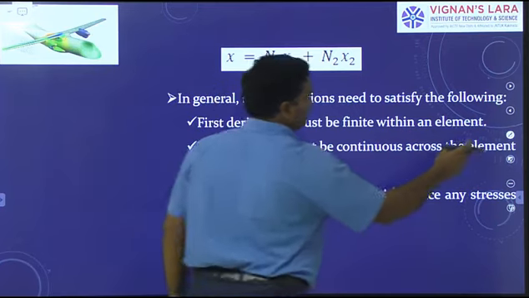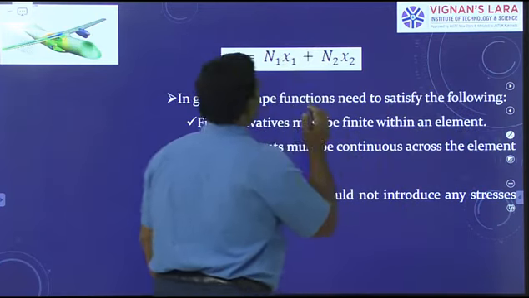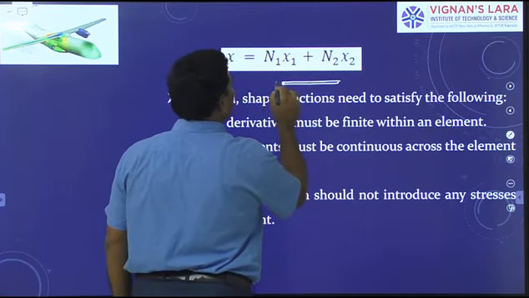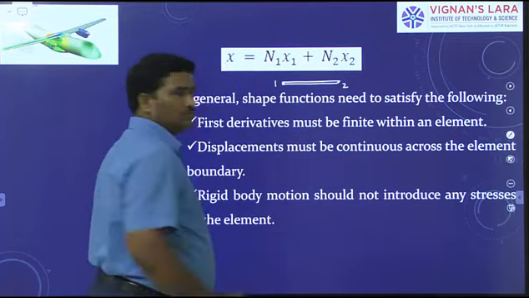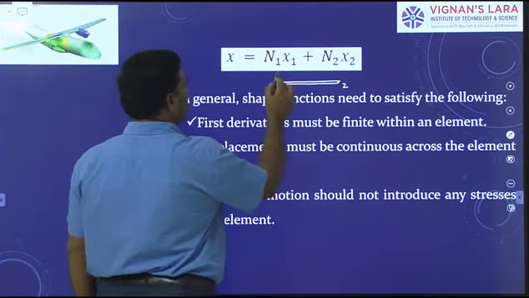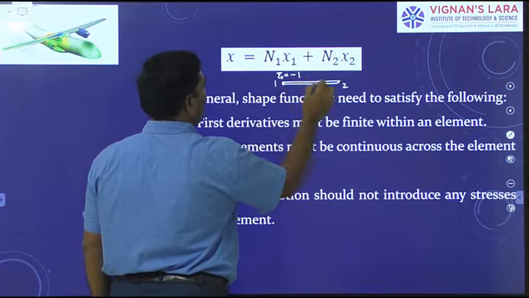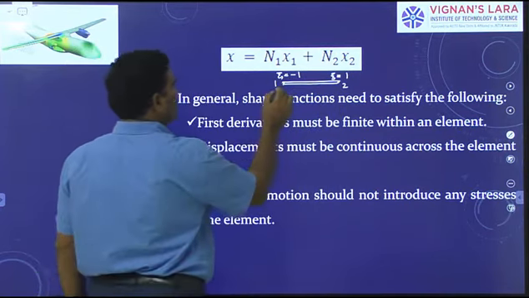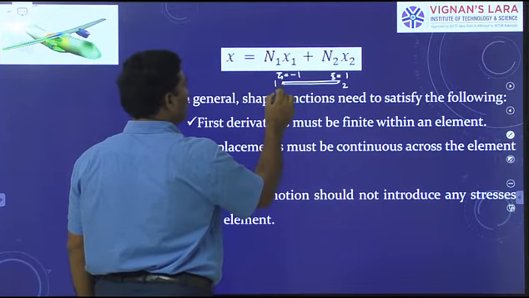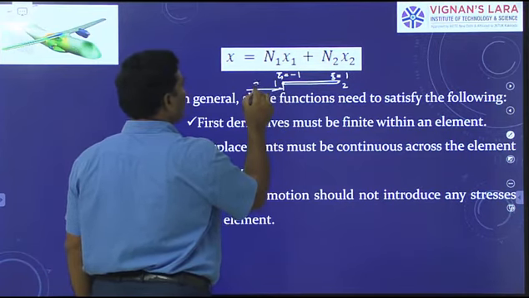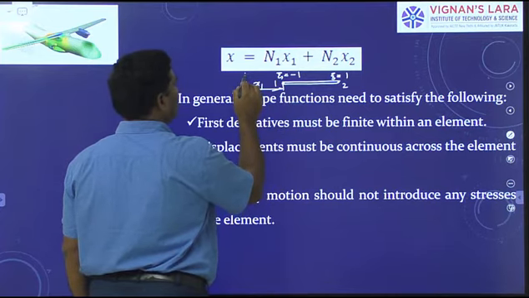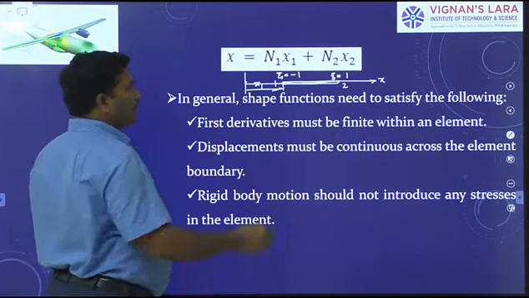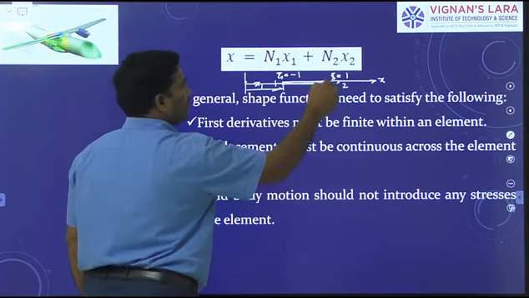Understand carefully. Now, this is a one-dimensional element connecting two nodes 1 and 2. At node 1 J equals minus 1 and at node 2 J equals plus 1. Node 1 is specified by the coordinate x1 with respect to the origin of the reference frame, and node 2 is specified by the coordinate x2.